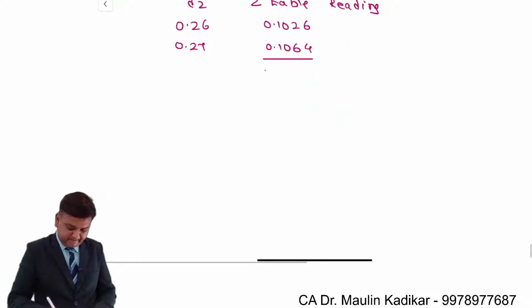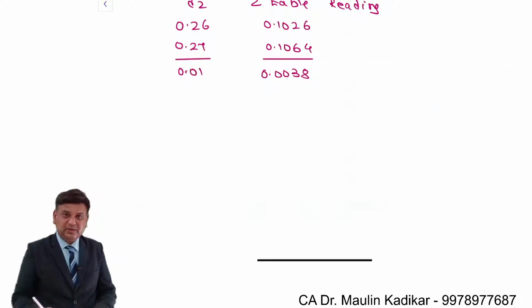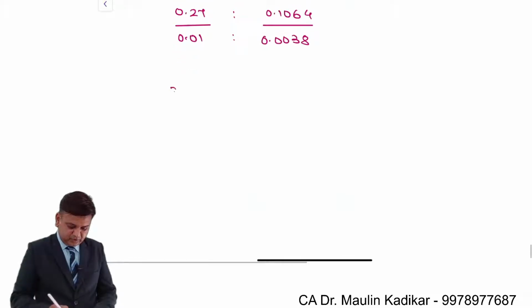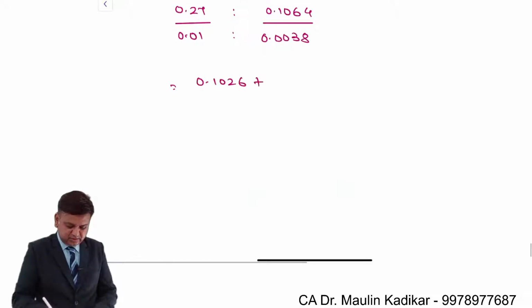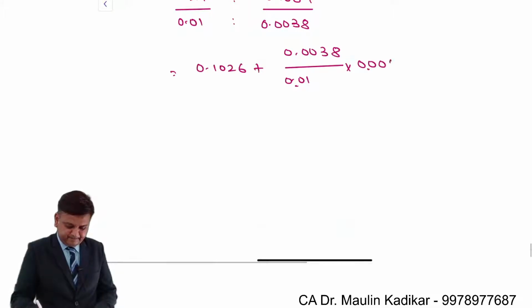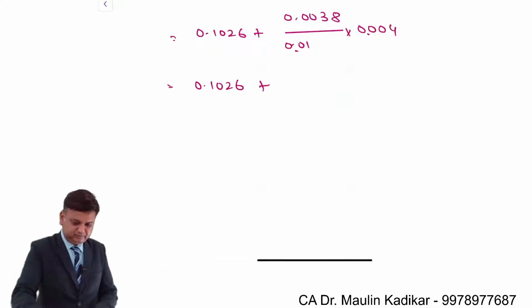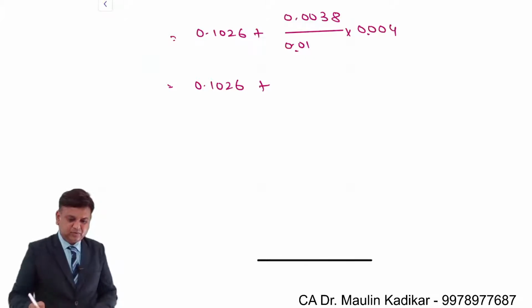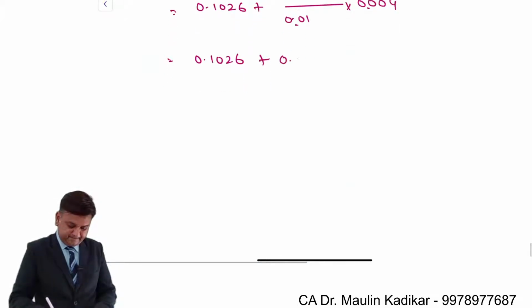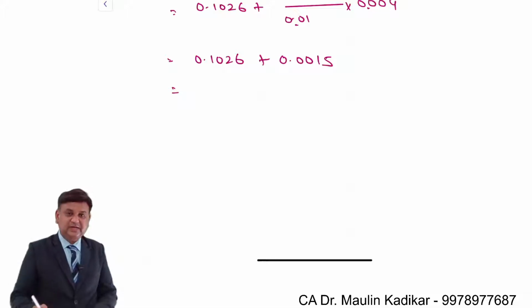Point 0038. This is difference of 0.01. So the final answer is 0.1026 plus 0.0038 divided by 0.01 into 0.004. 0.1026 plus 0.00152. So the final answer is 0.1041.